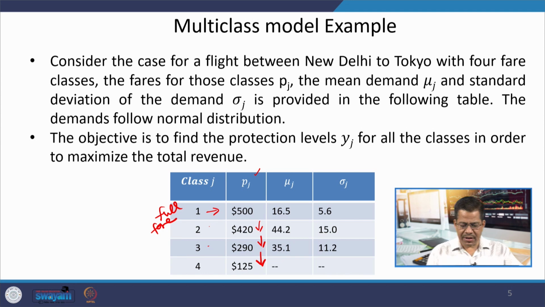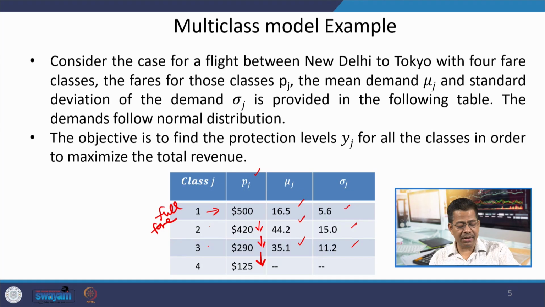The mean demands and their standard deviations are also given to us. Class 4 is not operating, so there is no mean demand and no standard deviation available for class 4.